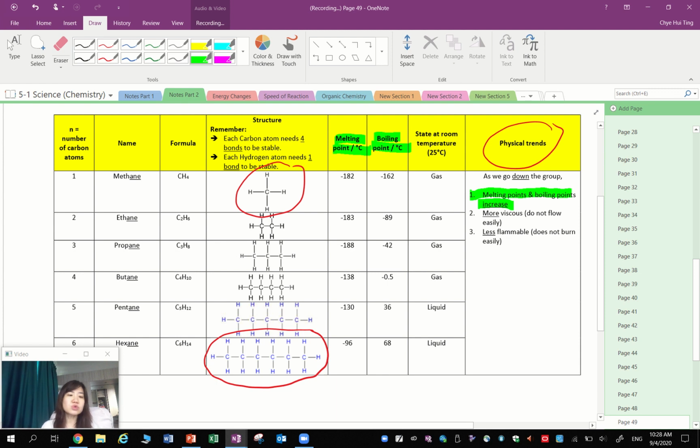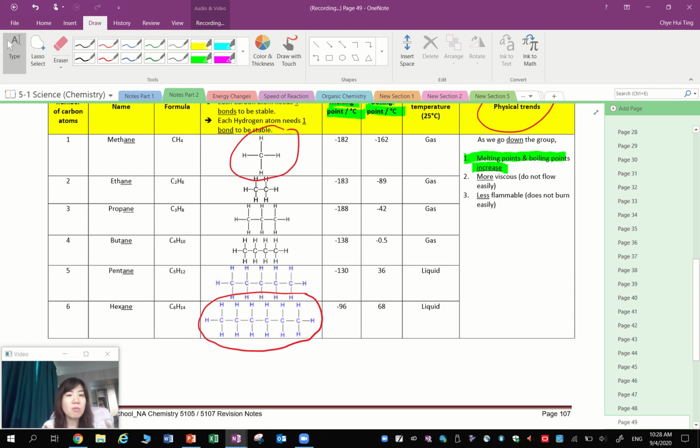Now, what's the reason why? You don't really need to know how to explain this during exams, but it's important for you to make a hypothesis. It has something to do with the sheer size of the molecule, because as you go down the group, there are more carbon and more hydrogen atoms. Because of that, there are more attractive forces. When there are more attractive forces, it requires more energy to overcome it.